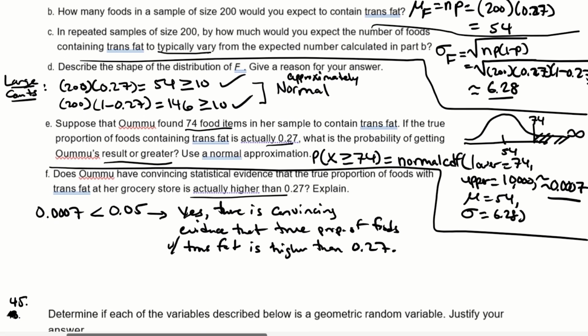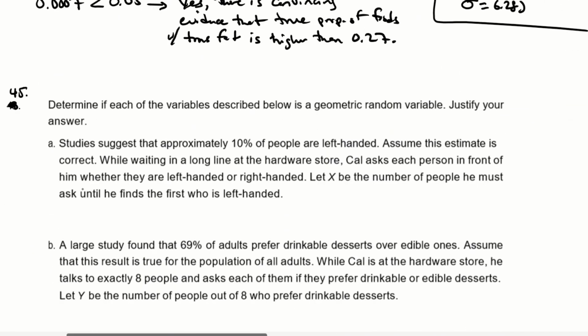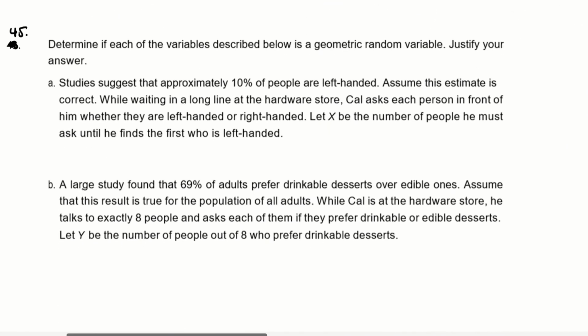Number 45. Determine if each of the variables described below is a geometric random variable. The study suggests approximately 10% of people are left-handed. While waiting in line, Cal asks each person in front of him whether they're left-handed or right-handed. Let X be the number of people he must ask until he finds the first who is left-handed. So remember FIBS.